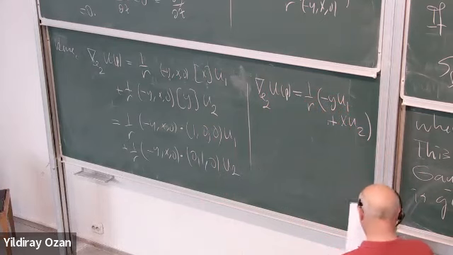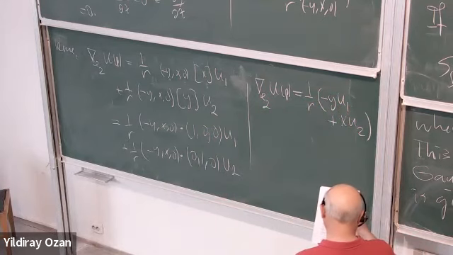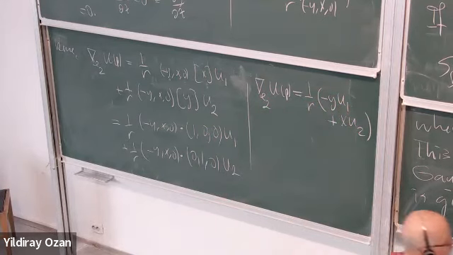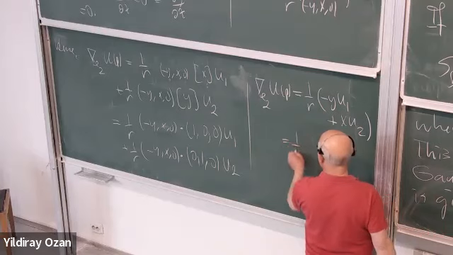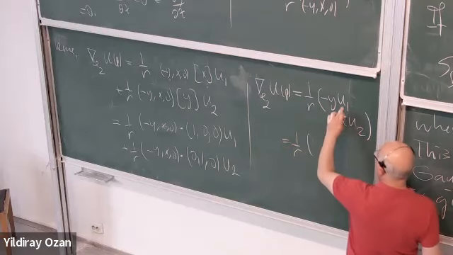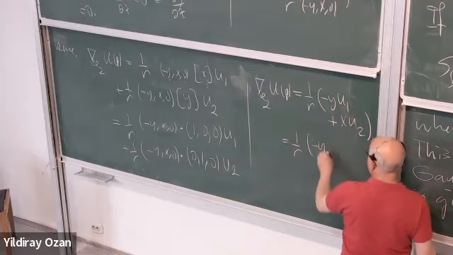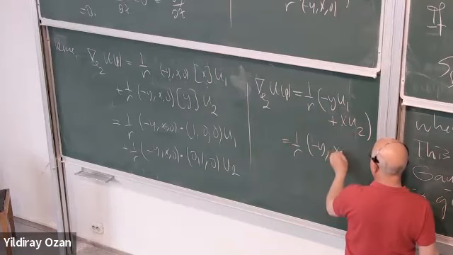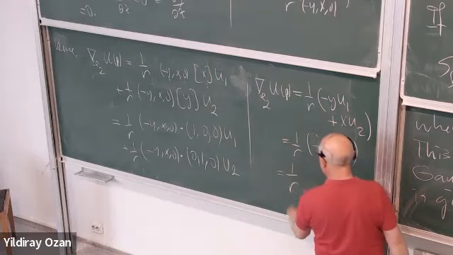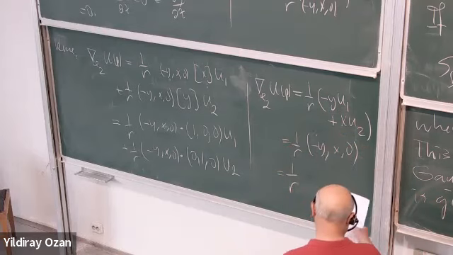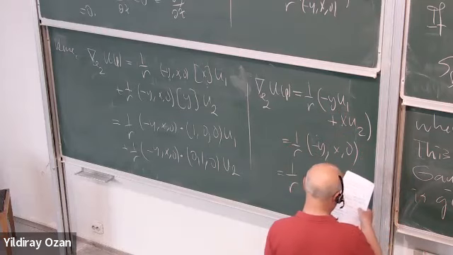Okay. Well, what was E2? E2 was minus Y, X. So this is 1 over R times the X coordinate of this vector is minus Y, Y coordinate is X. So this is just 1 over R times this. It is just E2, I guess.